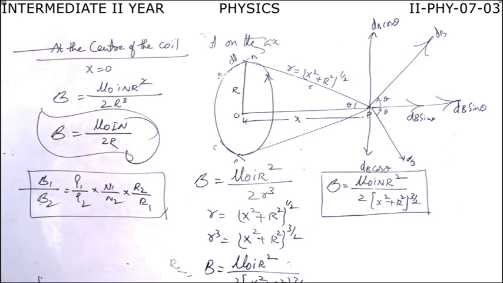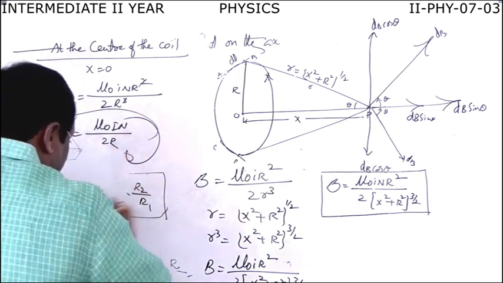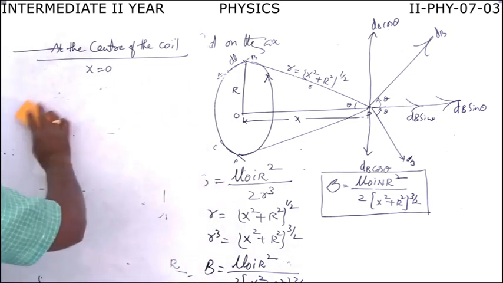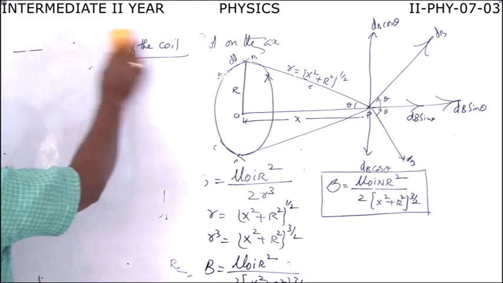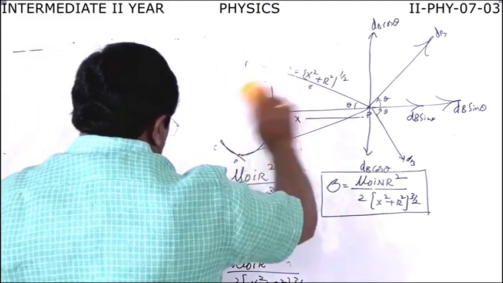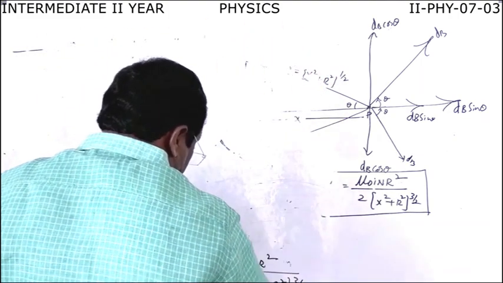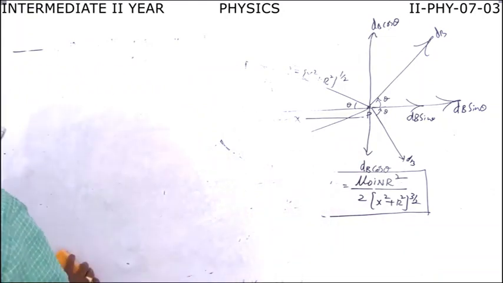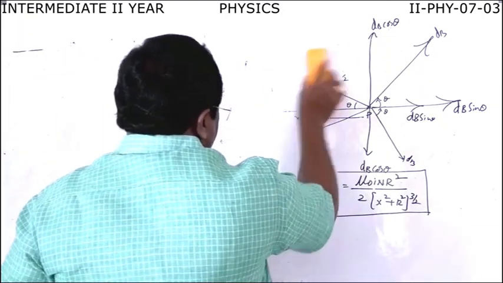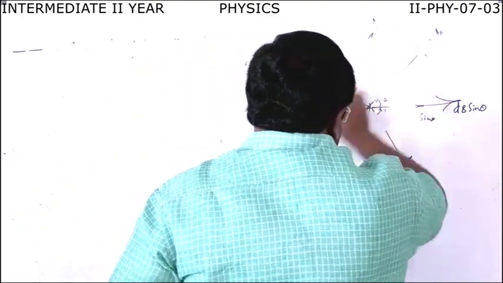Now, this current carrying coil behaves like a magnetic shell. A magnetic shell means a circular magnet which has two poles, one pole on one side and another pole on the other side.